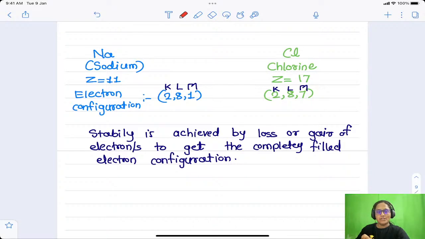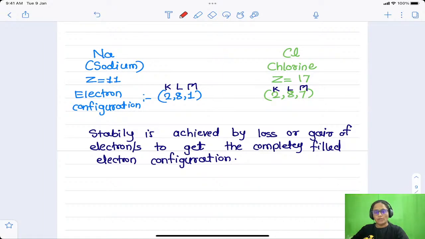If that sodium atom gives that one electron to someone, then we will have 0 electron in M shell. Electron cannot be given in the air, it should be taken by someone. And L shell will also be completely filled because 8 electrons completely fill it.